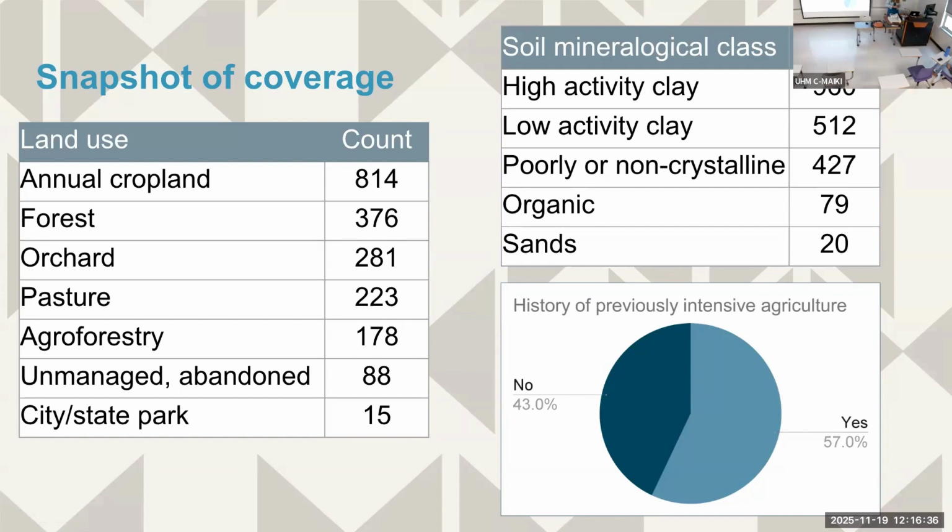We work a lot on farms. A lot of our projects is looking on farm management with longitudinal sampling. And so we have proportionately more in that. And then our high activity clays too, we have a lot of farms that we're working on under that soil type. So it's a little bit proportionally more. But overall, we feel pretty good about the coverage that we have managed to get.